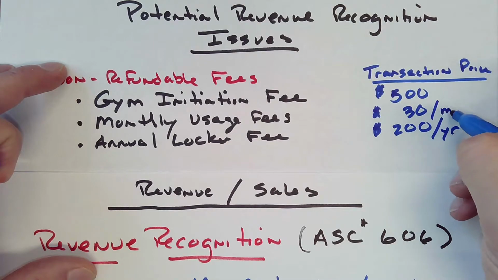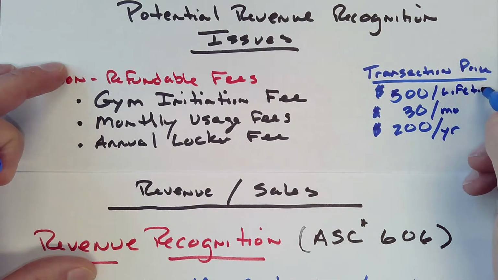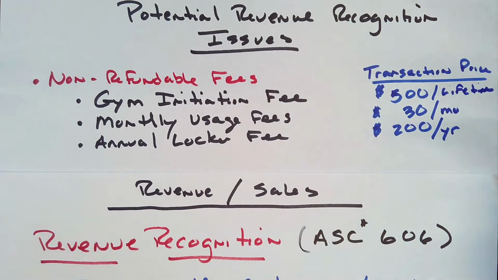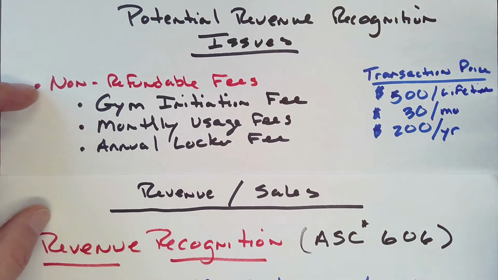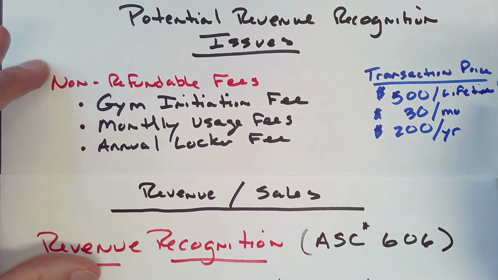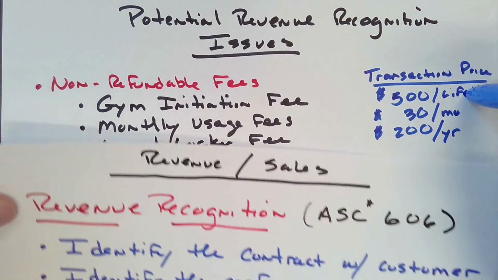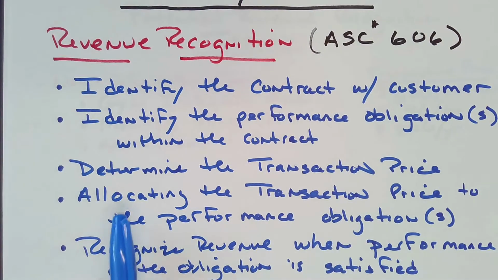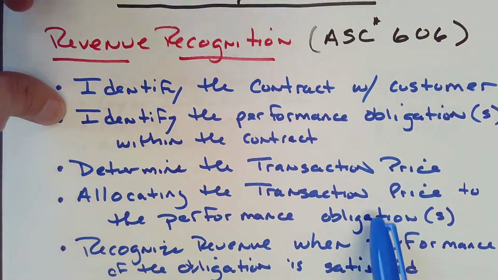The monthly is per month, and the initiation fee is for the lifetime. You only have to pay that one time. It's not refundable, and you can keep being a member of the gym forever. So we've identified the price, and each one is separate. It's not just one price. We've determined the transaction price, and we've allocated that transaction price to the performance obligations related to it.